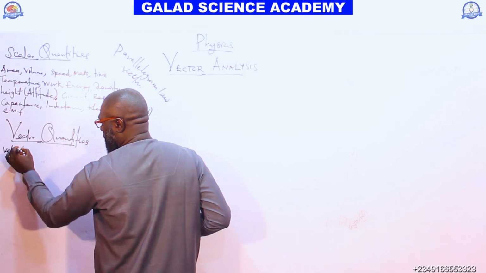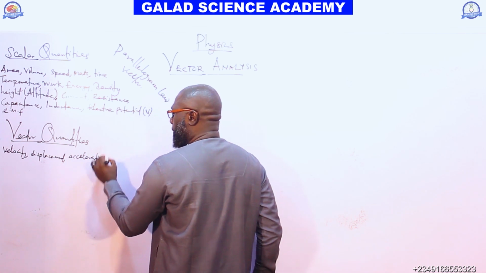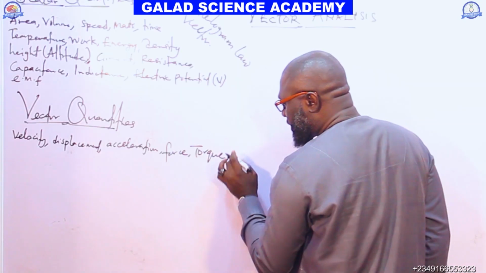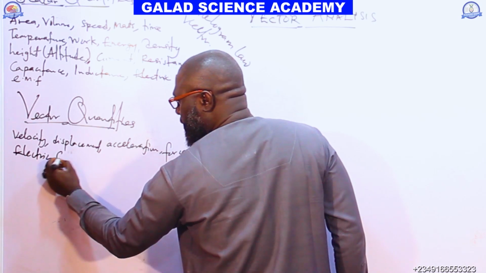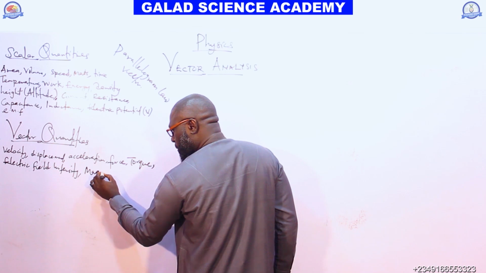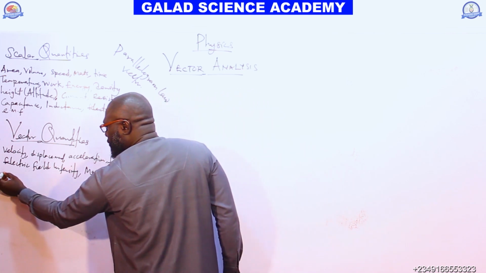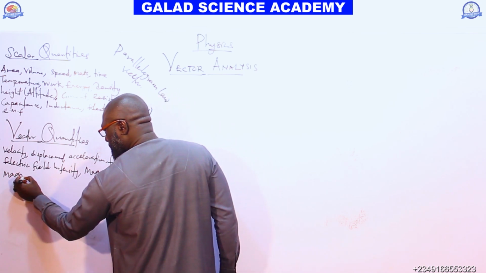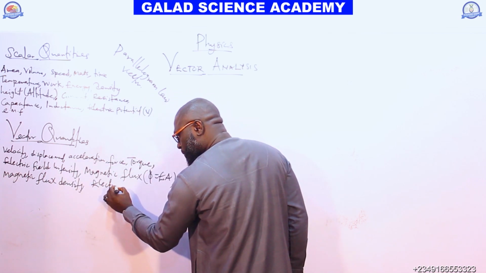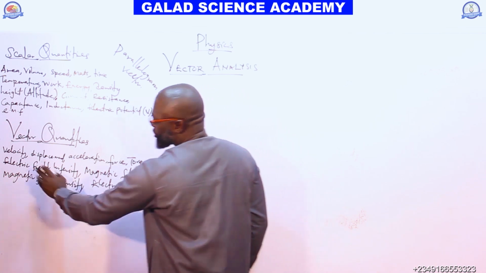Examples of vector quantity we have velocity, displacement, acceleration, force, torque, electric field intensity, magnetic flux, magnetic flux density, electromagnetic induction, and so on.